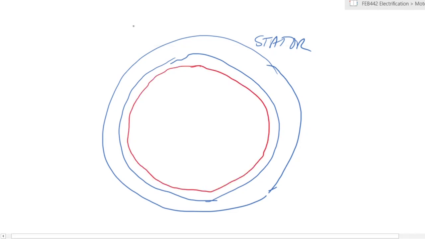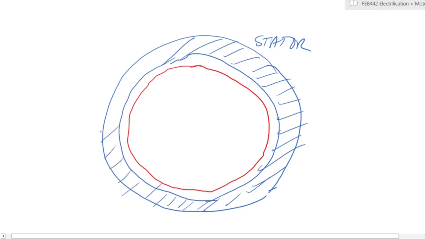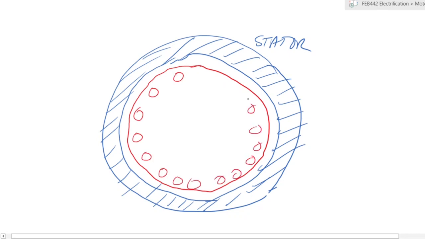Okay, so your stator looks like that. Right, and your rotor consists of, we talked of, copper bars. So this is a cross section of what the rotor would look like. This is a cross section of the rotor mounted inside your stator.